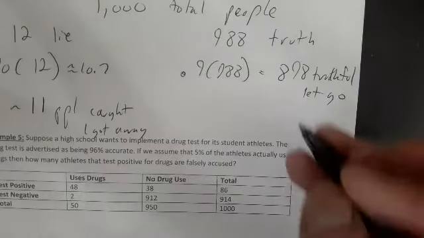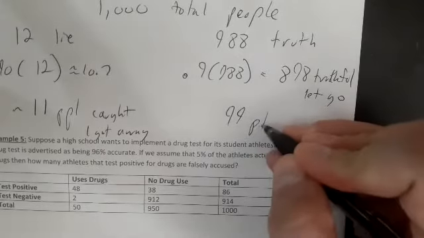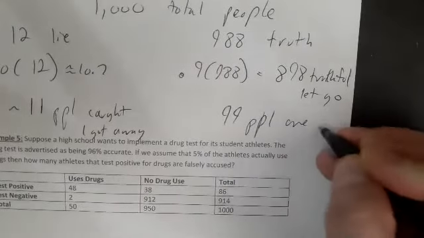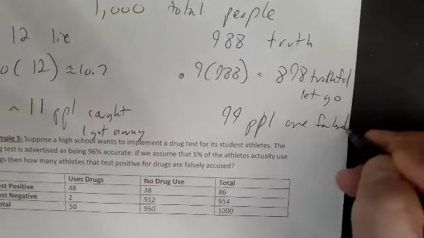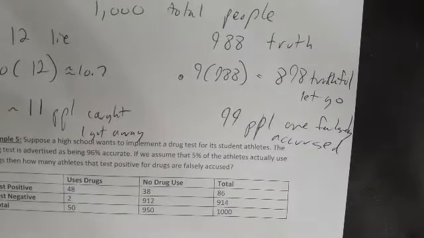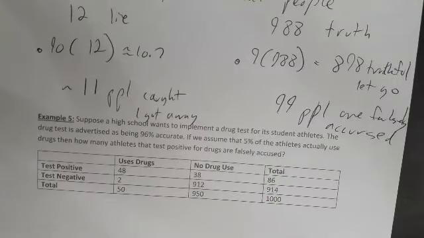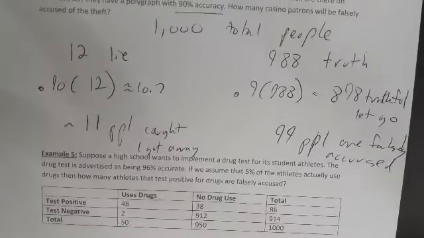But either way, you should get that 99 people are being falsely accused. So congratulations, you've just convicted 99 people falsely to convict 11 people that were actually guilty. So this does not seem probably like the best way to go about interrogating people.